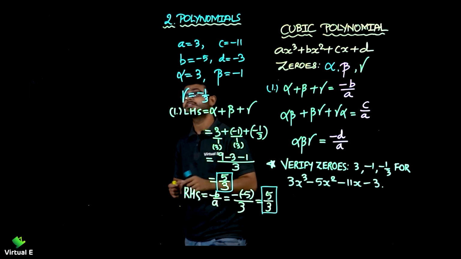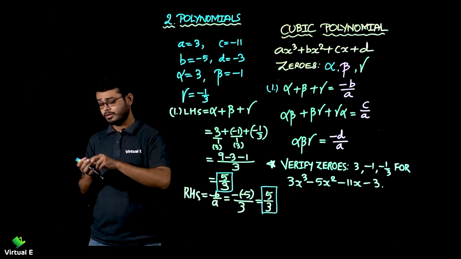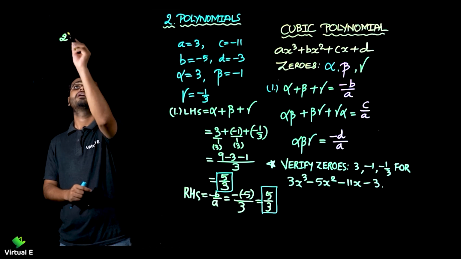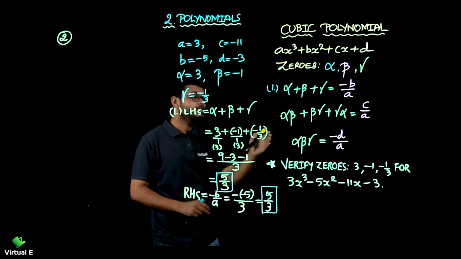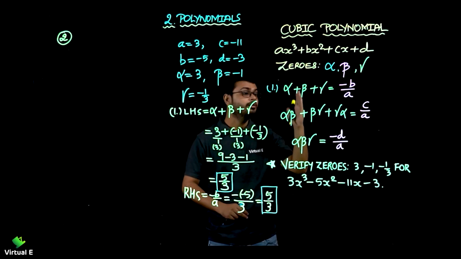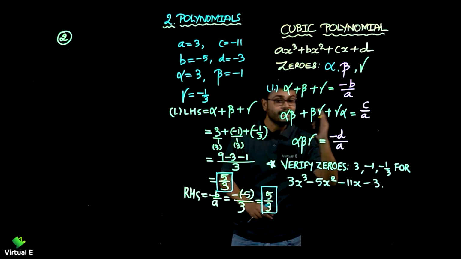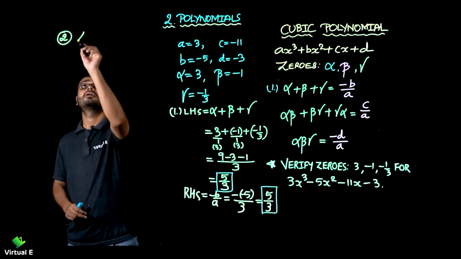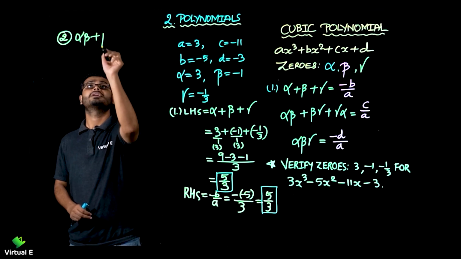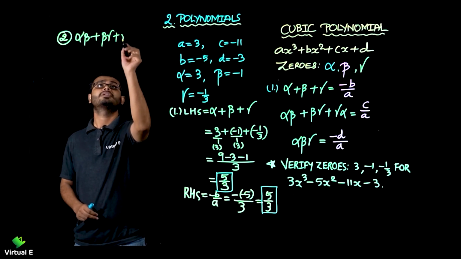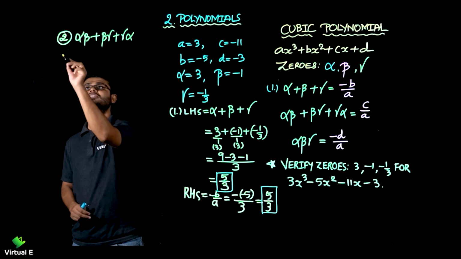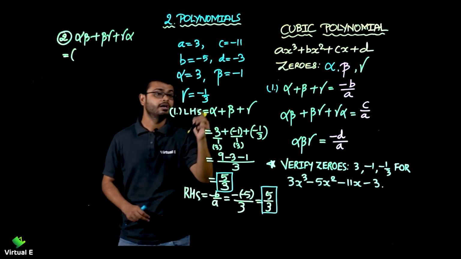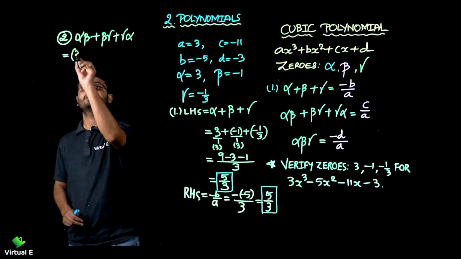Let's start the second. I will again start from the LHS. LHS is alpha beta plus beta gamma plus gamma alpha. Let's start. What is the value of alpha? Value of alpha is 3.